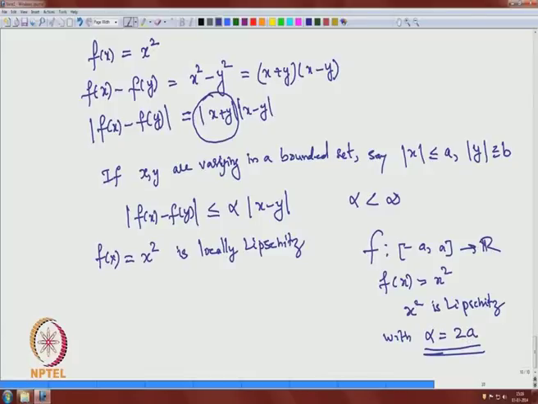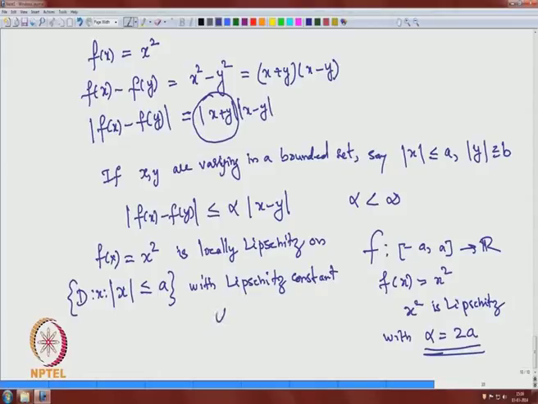So, therefore, f of x is equal to x square is locally Lipschitz on a domain, say D, which is the set of all x such that absolute value of x is less than or equal to a, with Lipschitz constant alpha equal to 2a.